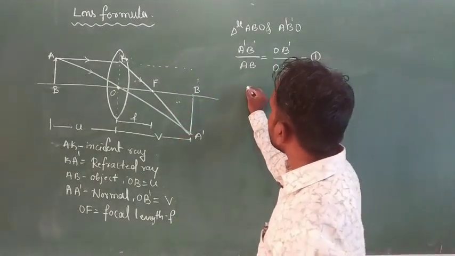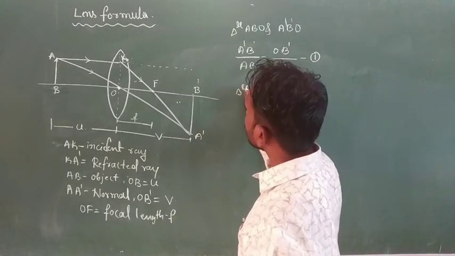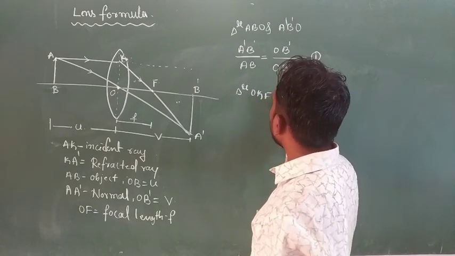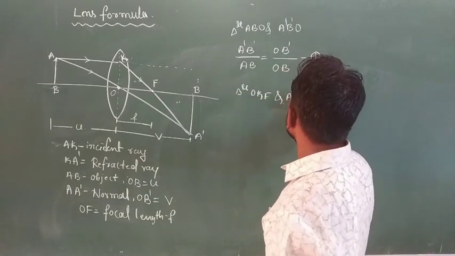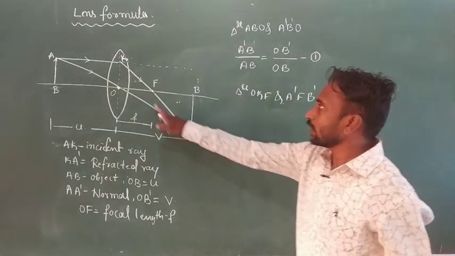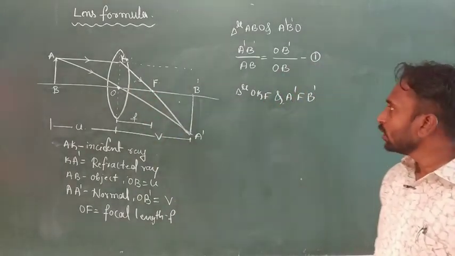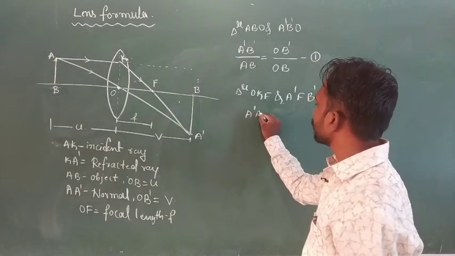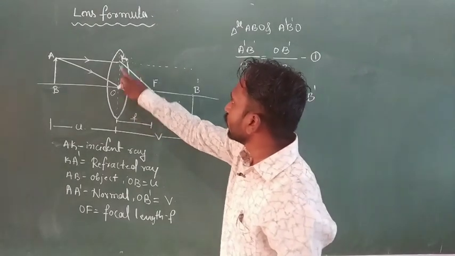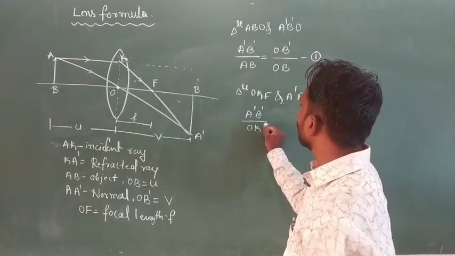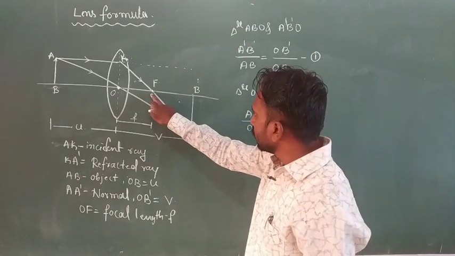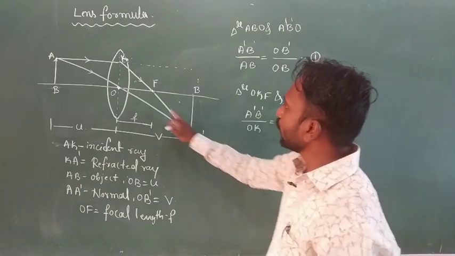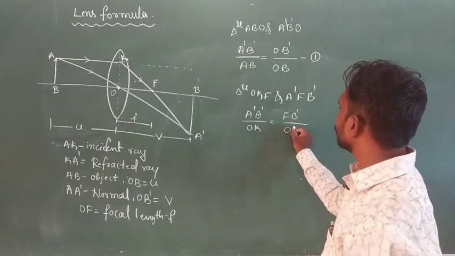So in these similar triangles OKF and A dash F B dash, A dash B dash divided by OK is equal to FB dash divided by OF.